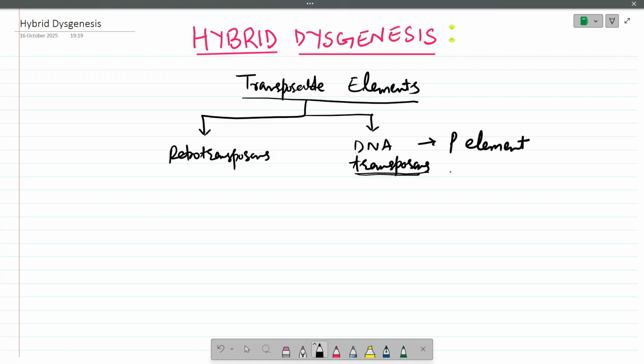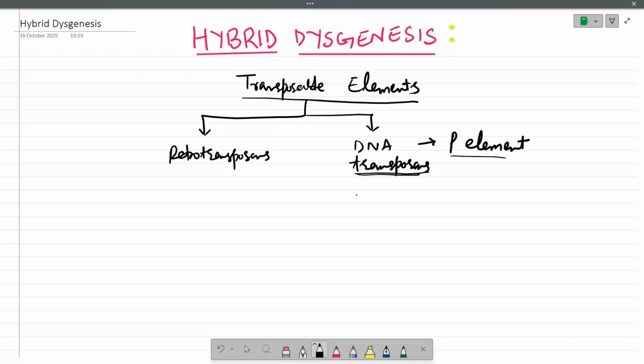That's why this is also called hybrid dysgenesis, which means the hybrid produced from crossing two different strains is sterile because of the dysgenesis by this P element transposon. So how does this P element cause hybrid dysgenesis in Drosophila?